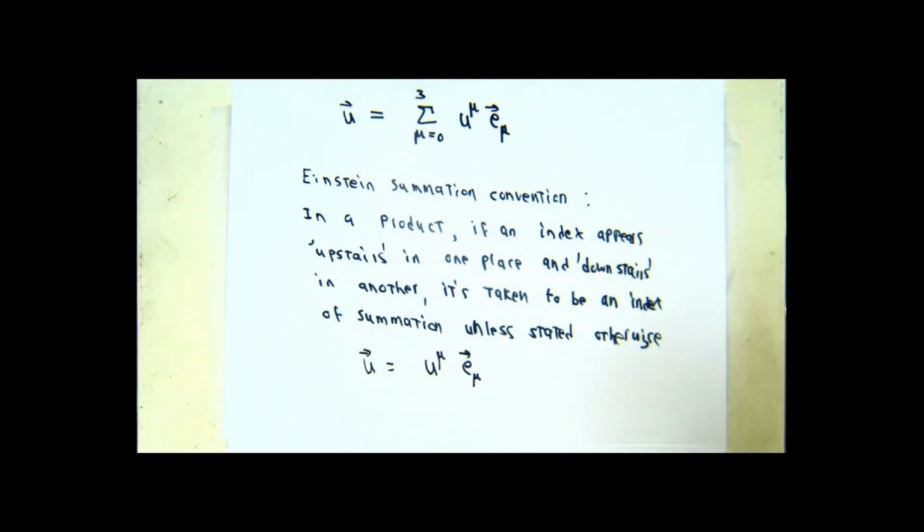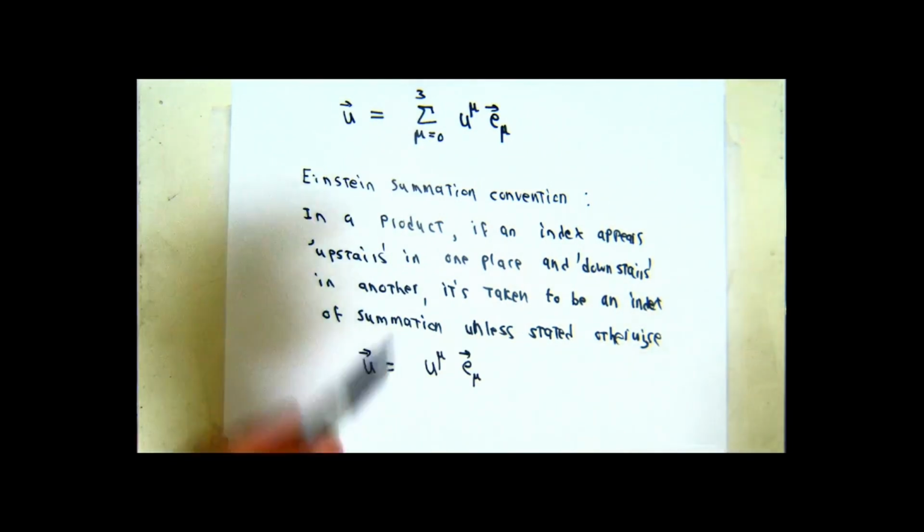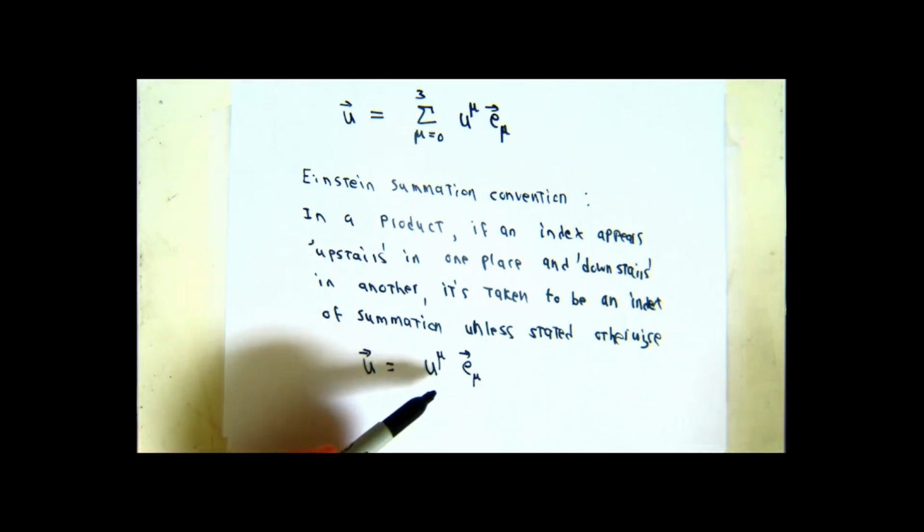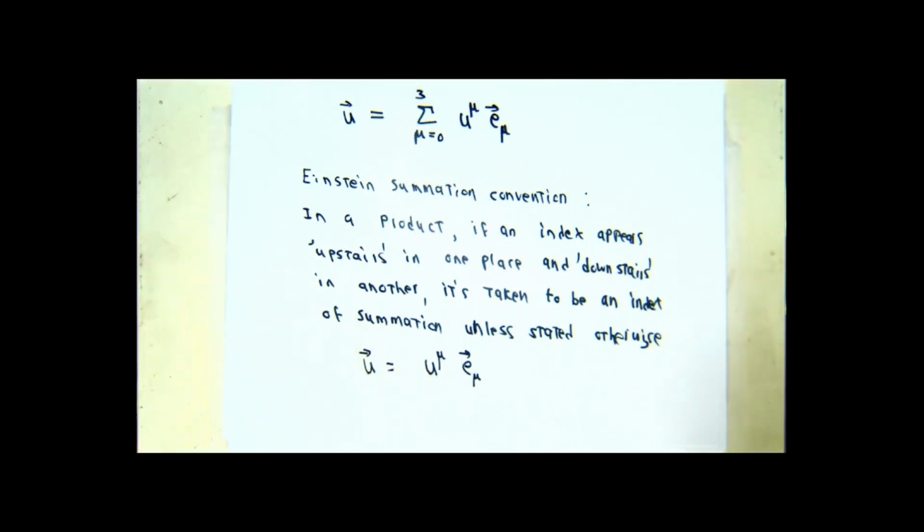So using the Einstein summation convention, vector u is equal to u mu e mu. When something is an arrow, we write an arrow above it. When something's not, we don't.